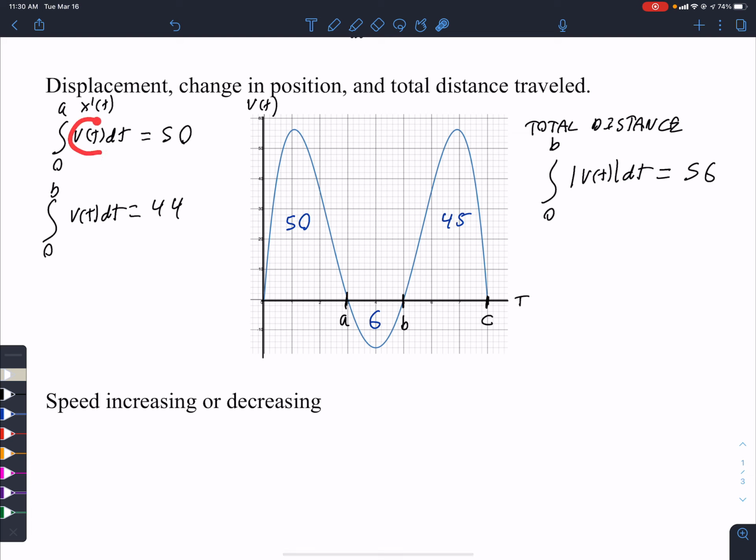But when you just do velocity alone, it's going to give you displacement or your change in position. And again, tie that into accumulation, and this is all fundamental theorem. If you integrate x prime, it tells you the change in x. X is a position, so your position changed 50, or you're displaced 50. In this case, 44. But that's different from total distance traveled.